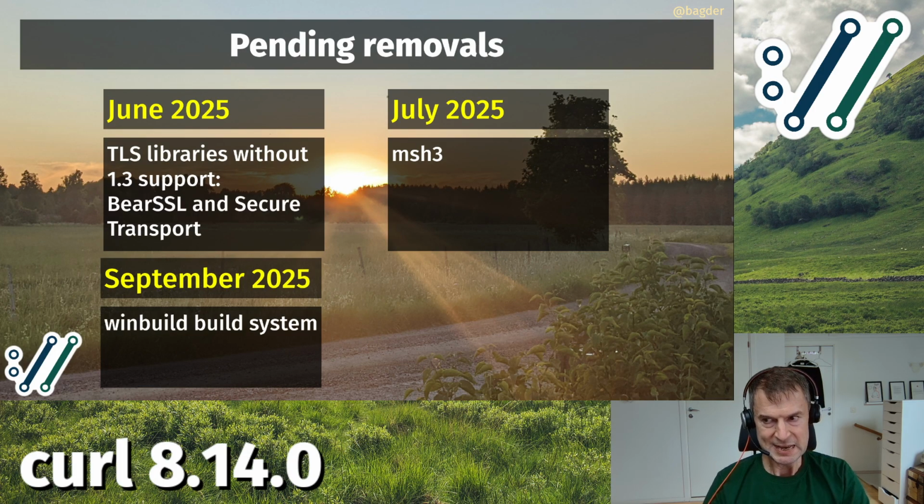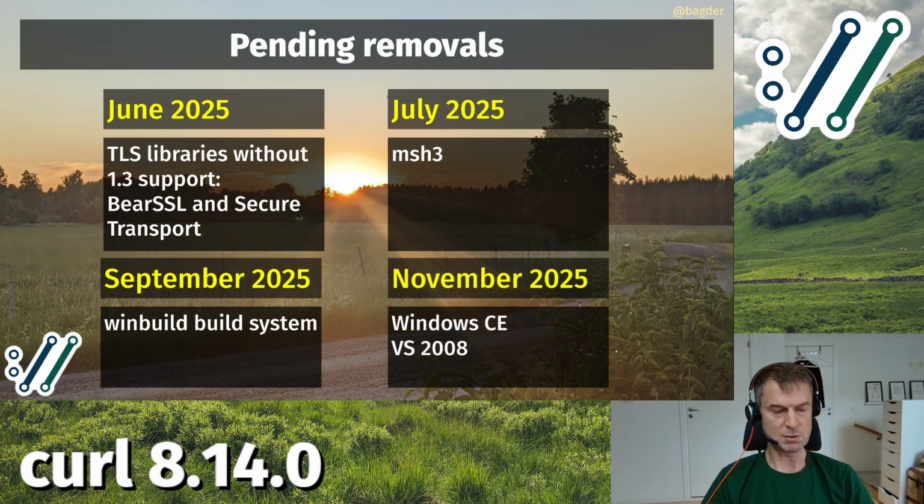So basically remove the multitude and focus on the few and make them really, really good. People who are using WinBuild, we have a transition path for them. They should read up exactly how to switch from WinBuild to generating the files using CMake instead. The transition path is documented and explained. So go read up about it if you're a WinBuild user.